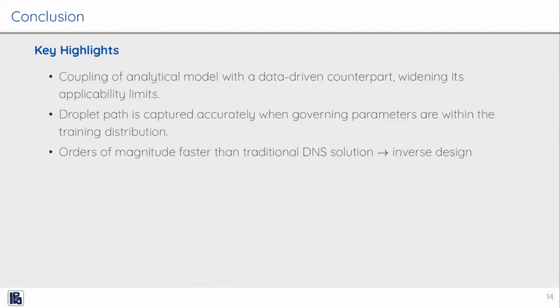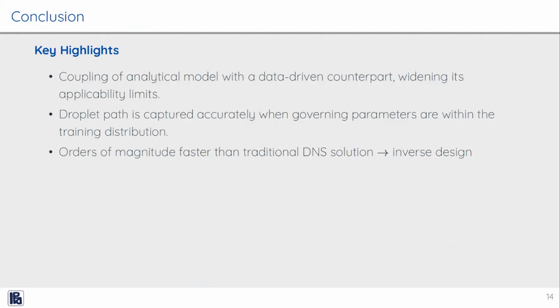So overall, we are able to couple this analytical model with a data-driven counterpart, and this is more general. It doesn't have to do with wetting. It can be for any problem. And in this way, we have widened the applicability limits of the reduced order model.